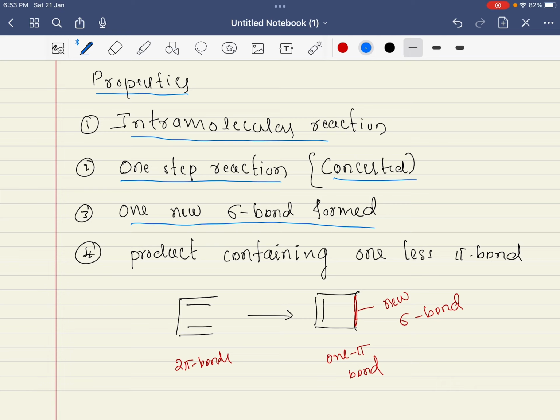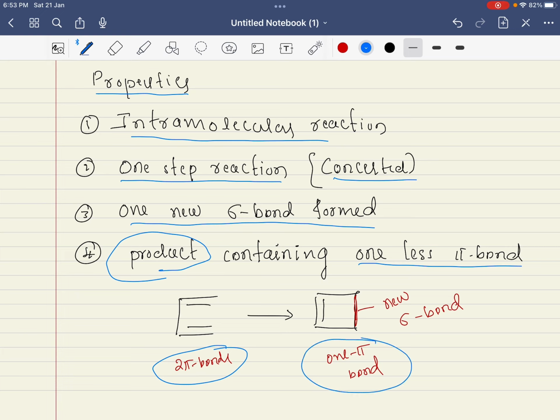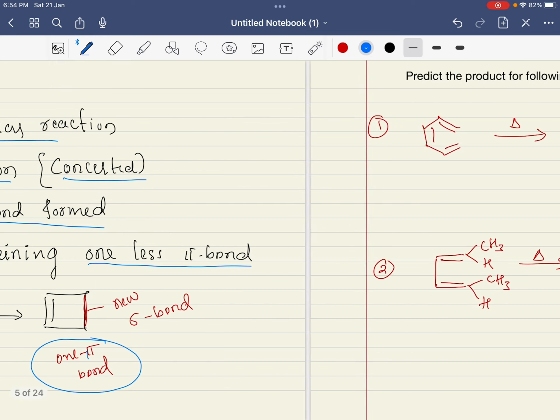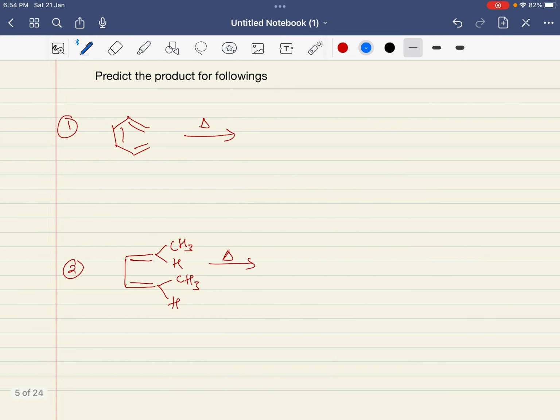Here in an electrocyclic reaction, the product will contain one less pi bond. Look here, the reactant has 2 pi bonds, and the product has one pi bond. Another pi bond is utilized for the formation of the new sigma bond. You know that thing. Next we shall see some examples of electrocyclic reactions.